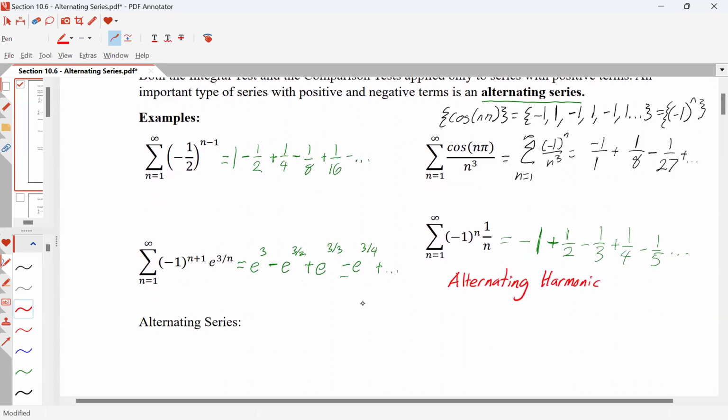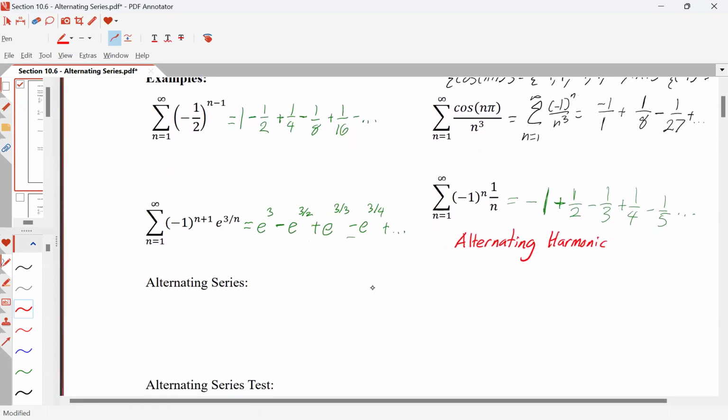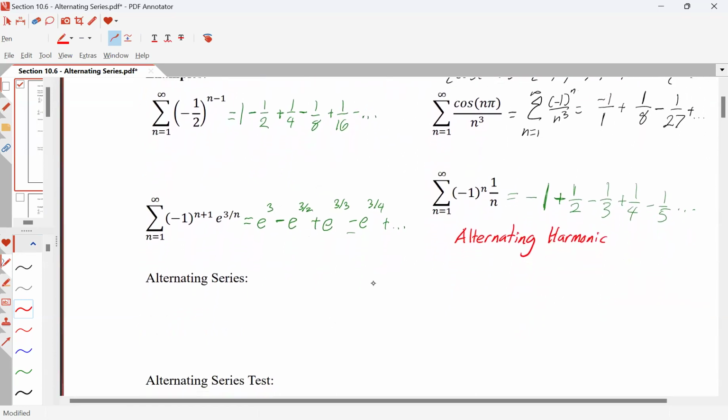So formally, an alternating series is some series. We're going to have our lower bound be 1, but it could be 0, it could be 5.